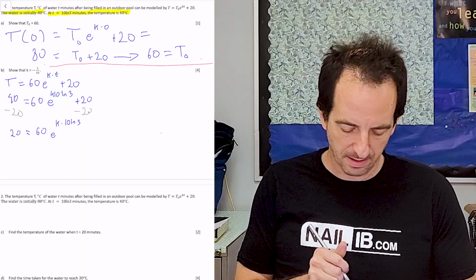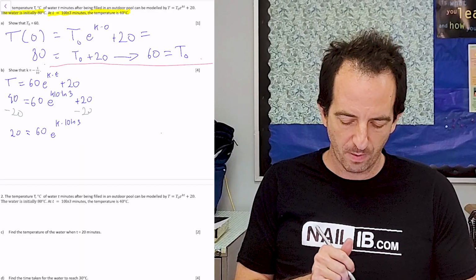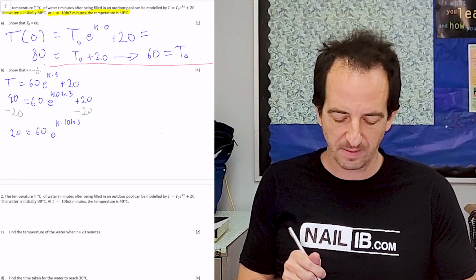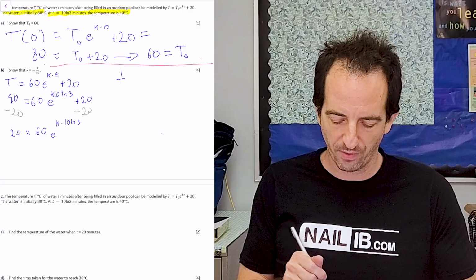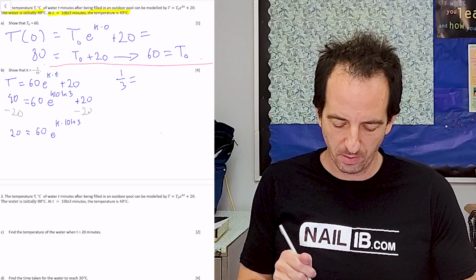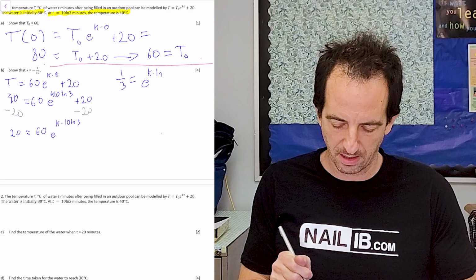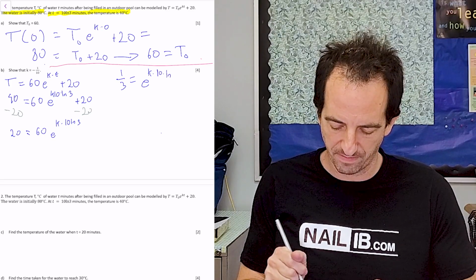And then the last simplification is I will divide both sides by 60. That will give us 2 over 6, which is the same thing as 1 over 3. It should be equal to e to the k times 10 times the natural log of 3.